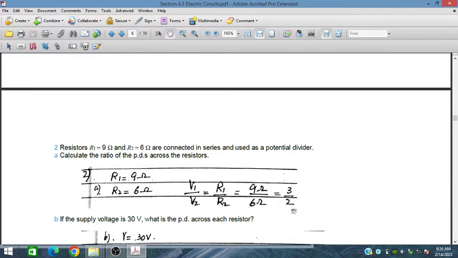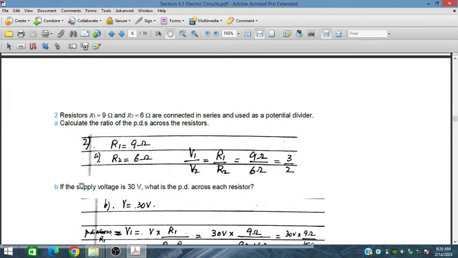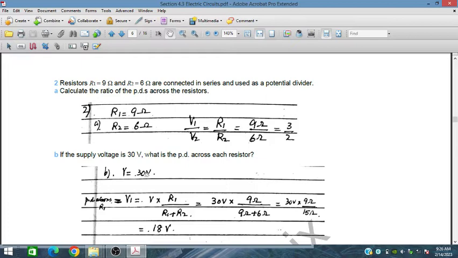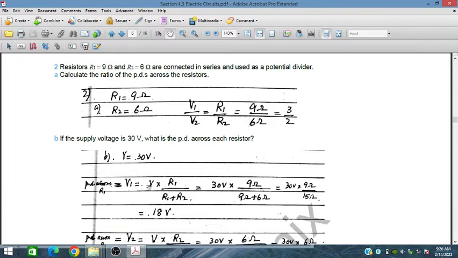Next, if the supply voltage is 30 volts, what is the potential difference across each resistor? V is 30 volts, and V1 is equal to V into R1 upon R1 plus R2, which is 30 volts times 9 ohms over 15 ohms. So this is 18 volts.